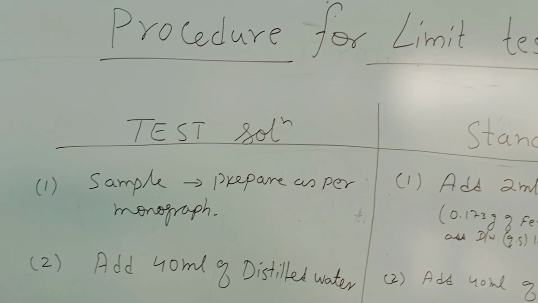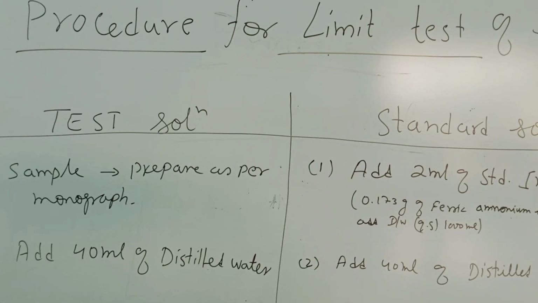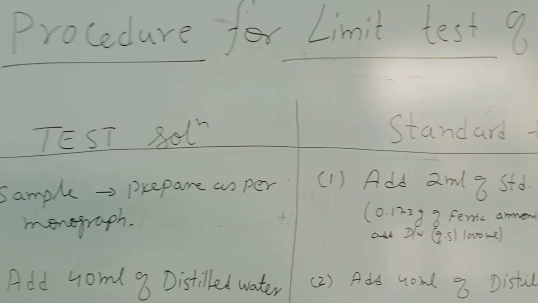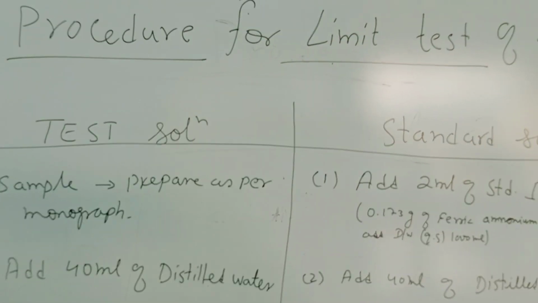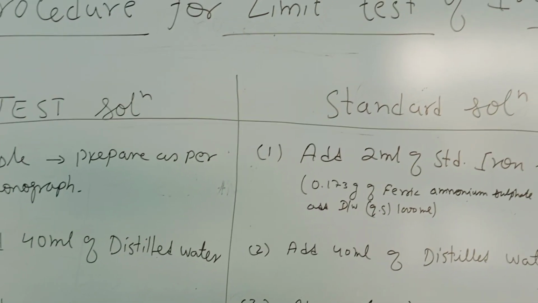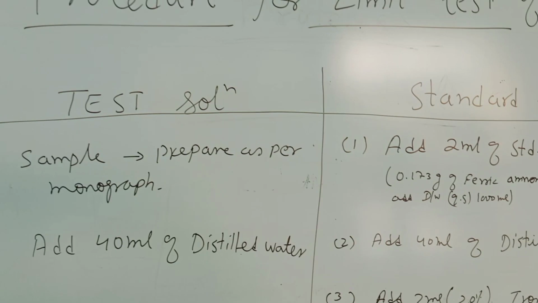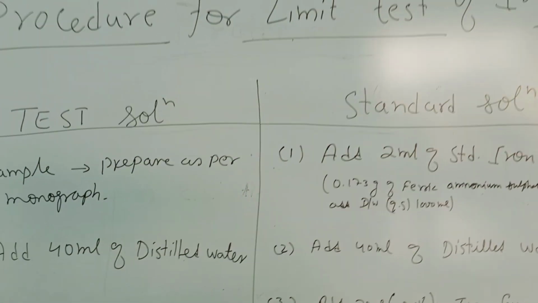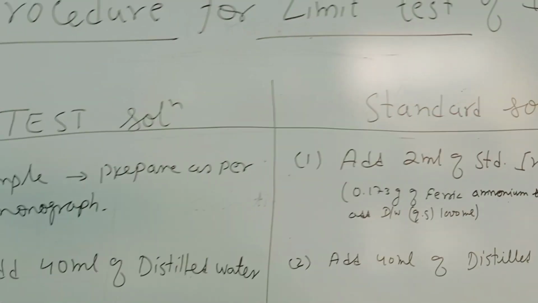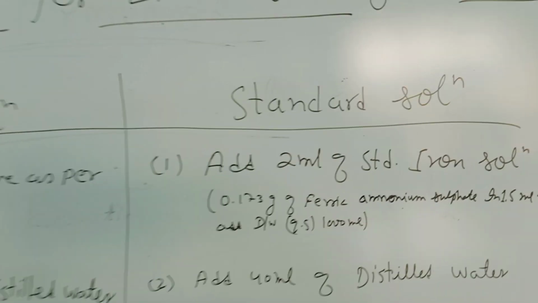So, as we have done earlier in case of limit test for various other chemicals, likewise here also we have to very first use the specific apparatus or the glassware which is used to perform the limit test, that is the Nessler's cylinder, and we have to prepare simultaneously the two solutions and label each one as the test solution and the standard solution.